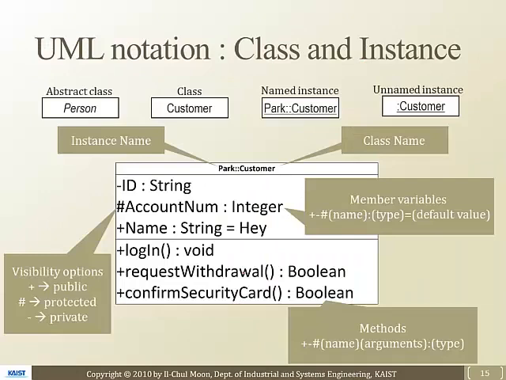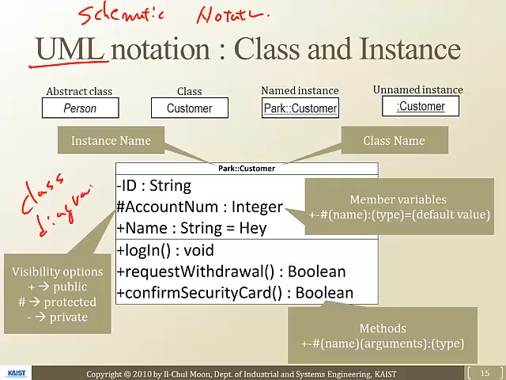A very simple UML schematic notation is the class diagram. This is called a class diagram because it represents a certain class.